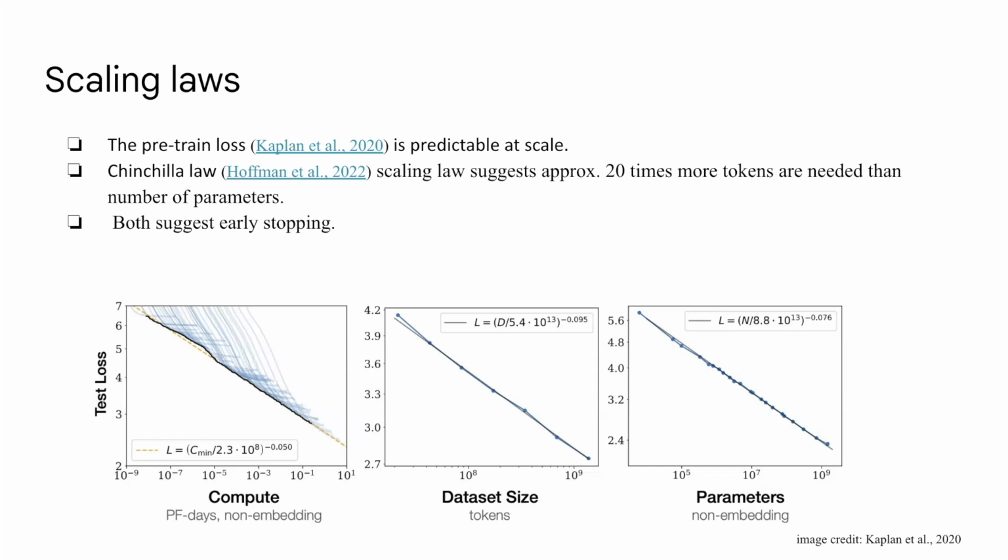Typically these language models are trained for one pass of the data, because these dataset sizes are in hundreds of billions or trillions of tokens. So even if you stop a little early, it's not considered bad, maybe because of the law of diminishing returns. Empirically this is seen as good advice by many people, but nobody follows it now. Llama and the recent models don't follow it. I feel like this has been challenged since then. Yes, the Chinchilla law and all these laws have been challenged by many different models.